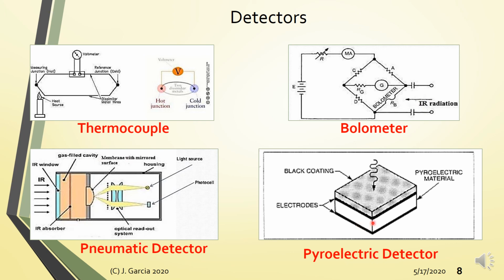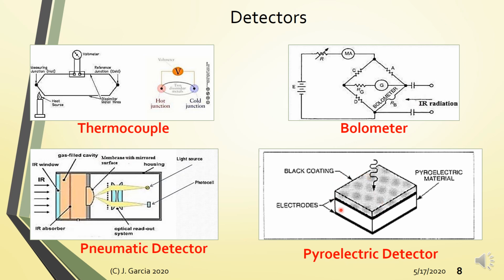A pyroelectric detector is a type of device that produces voltage once you heat it up. Pyroelectric detectors are more commonly used because they have faster responses. The first three have very slow detector response, so pyroelectric detectors have better response times.